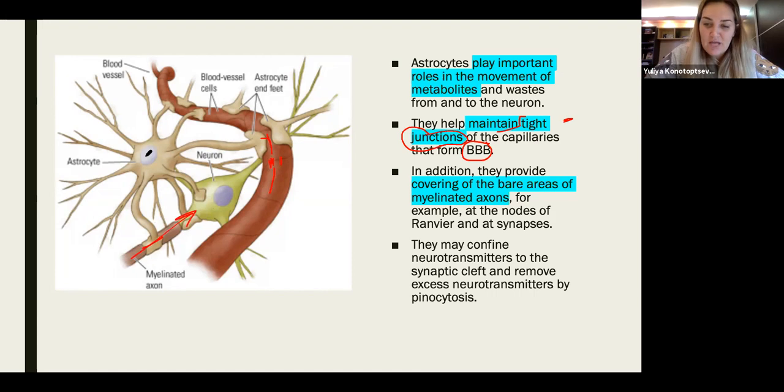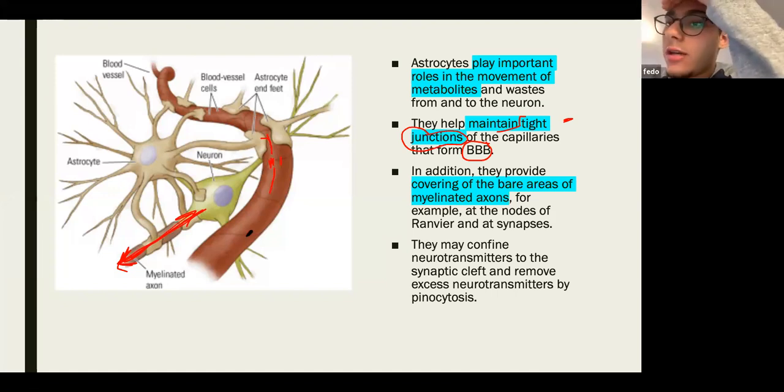So astrocytes, I repeat, are the most numerous glial cells in the CNS, and they're also the most important because they're making sure that all of the ions are going in the normal direction, that the action potential propagates, and that nothing is leaking out of the blood vessel.